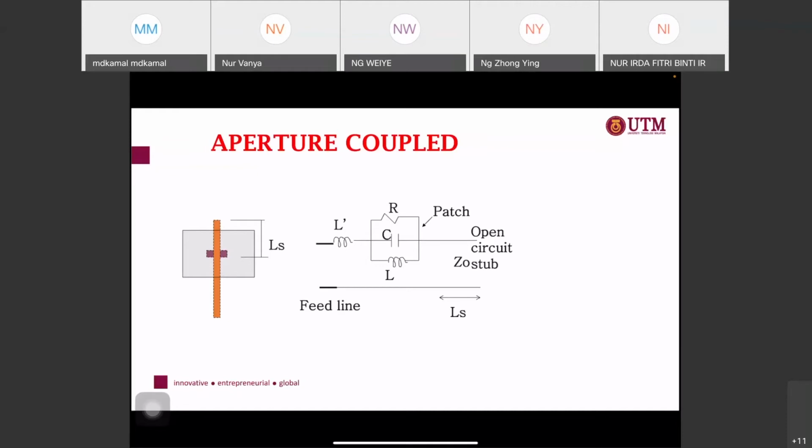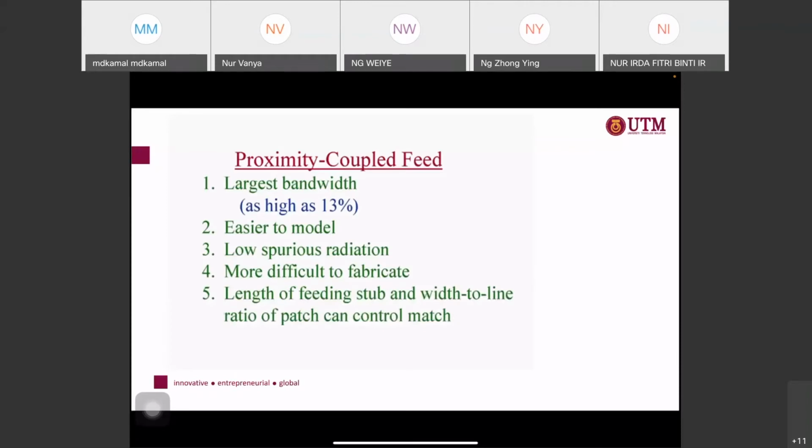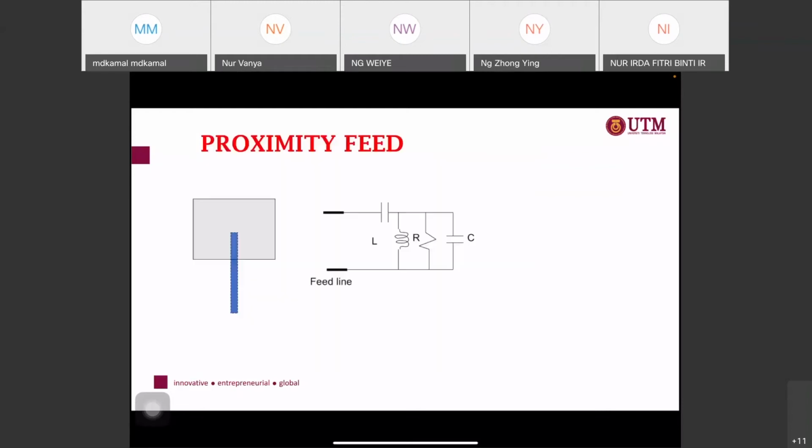There are different aperture techniques that you can use to match this particular antenna. In terms of the proximity coupled feed, we also have the largest bandwidth. If you use this technique, you can have about 13%, quite high bandwidth for this antenna. It is easier to model, with low spurious radiation, more difficult to fabricate, and the length of the feed stub and width to line ratio of the patch can control the match.